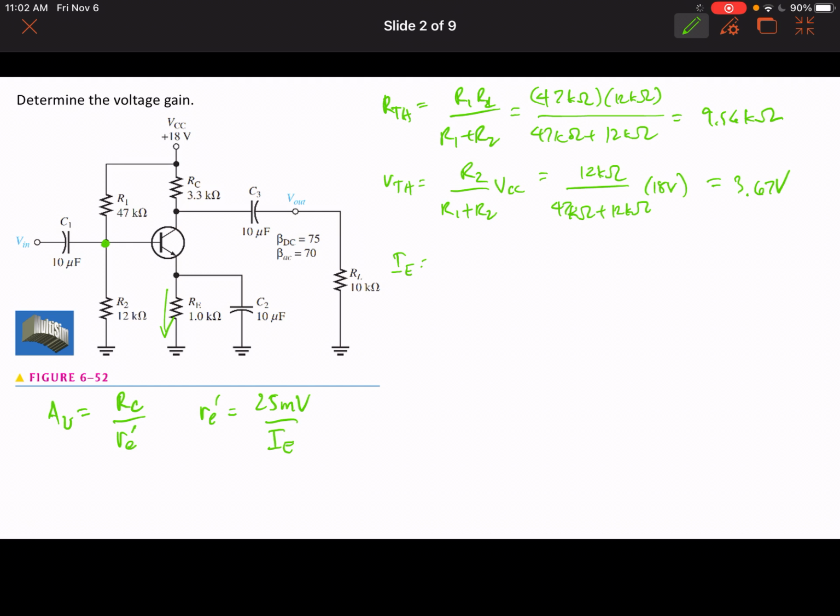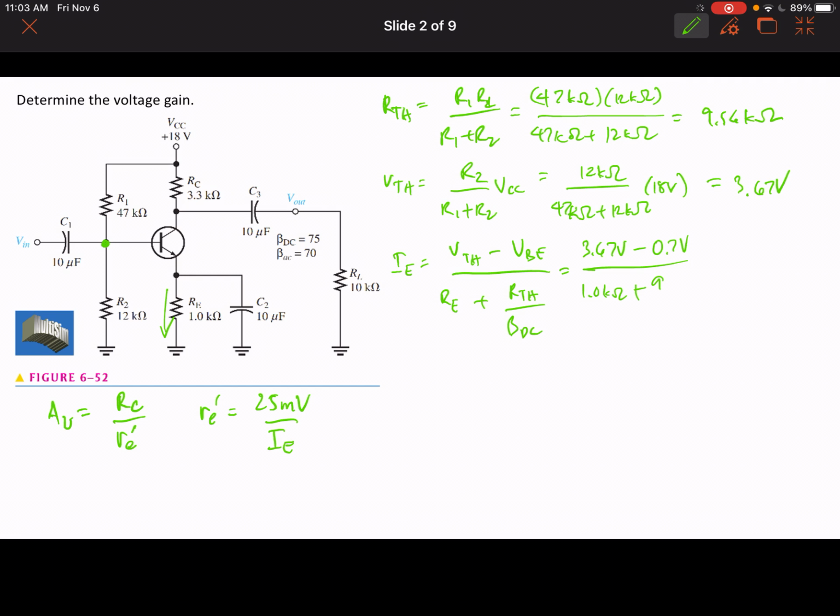Now IE is equal to VTH minus VBE over RE plus the Thevenin resistance divided by beta DC. We know VTH to be 3.67 volts. We also know VBE, which is 0.7 volts. RE is 1 kilo ohm.